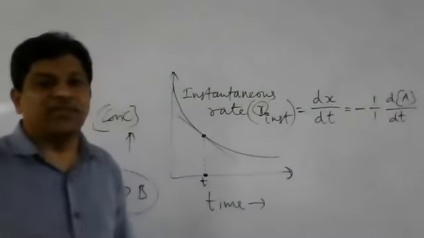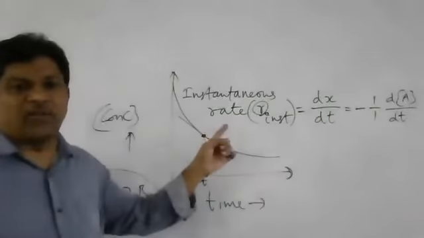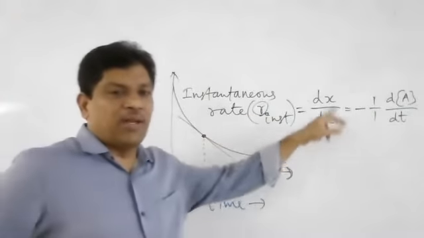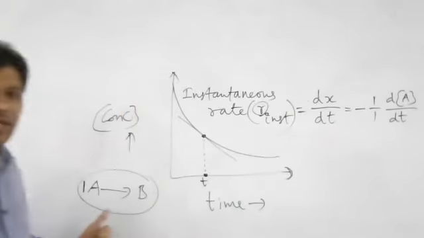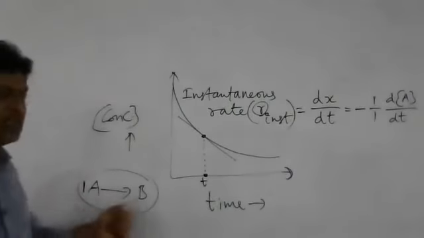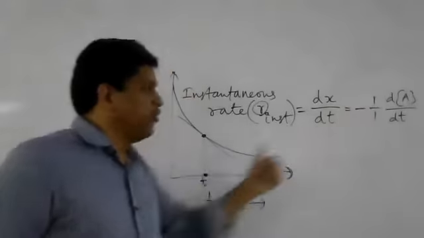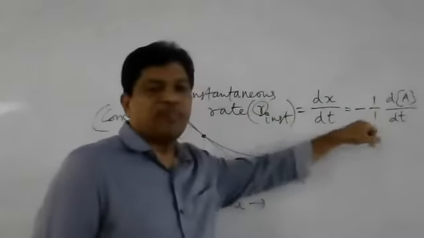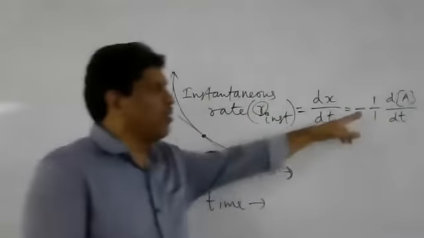So the instantaneous rate of reaction is dx by dt, equal to minus 1 by 1 because 1 mole of A is there. If 2 moles of A were available, we would take minus 1 by 2. If 3 moles, minus 1 by 3. Here 1 mole is there, so we take 1 by 1.